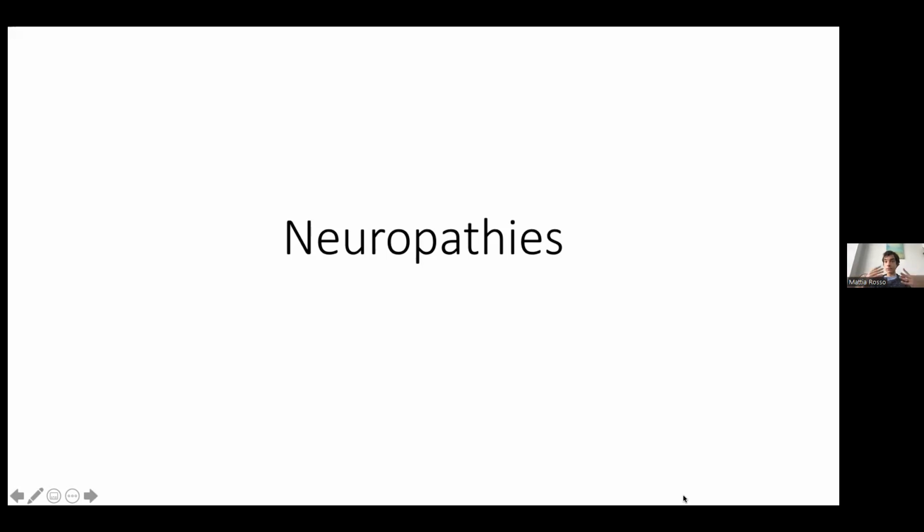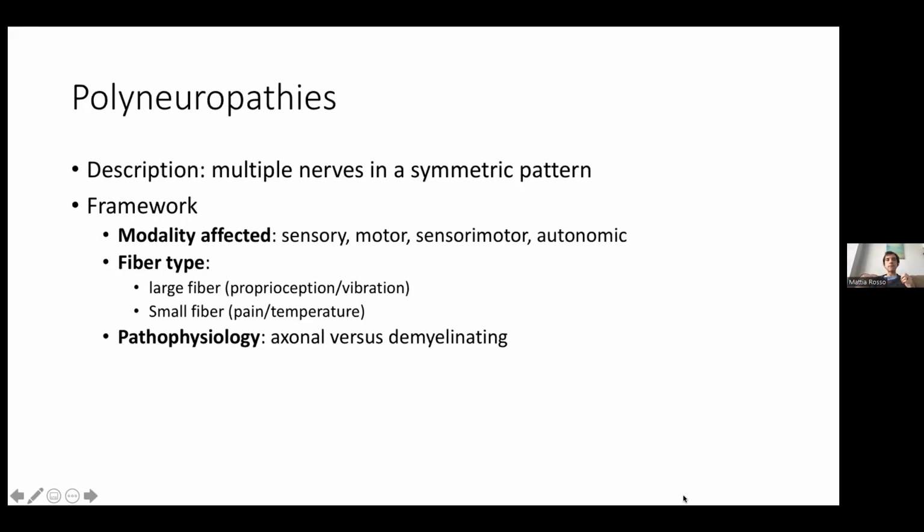In doing what I'm doing right now, I'm thinking about the time course and then the modality, which is what I was getting at, and you covered some of it. It's really trying to understand whether there is sensory involvement, motor involvement, sensory and motor involvement, and autonomic involvement, right? So that's one way to think about nerves.